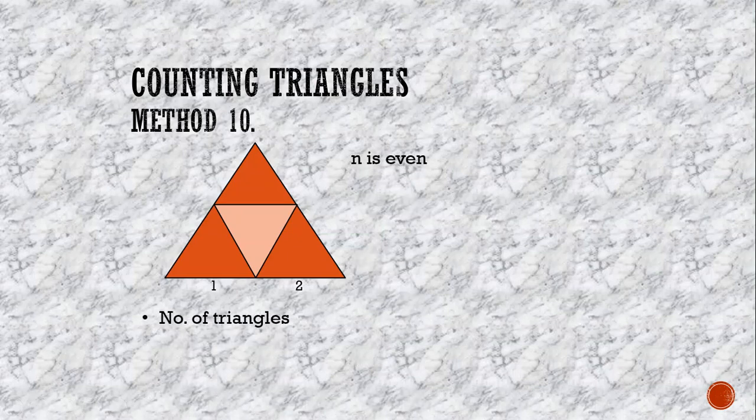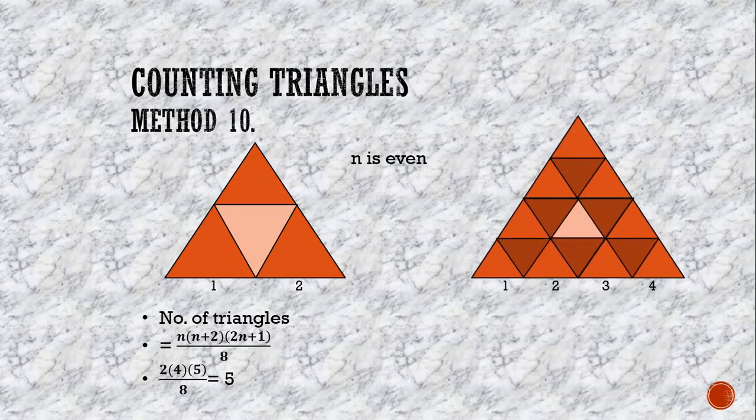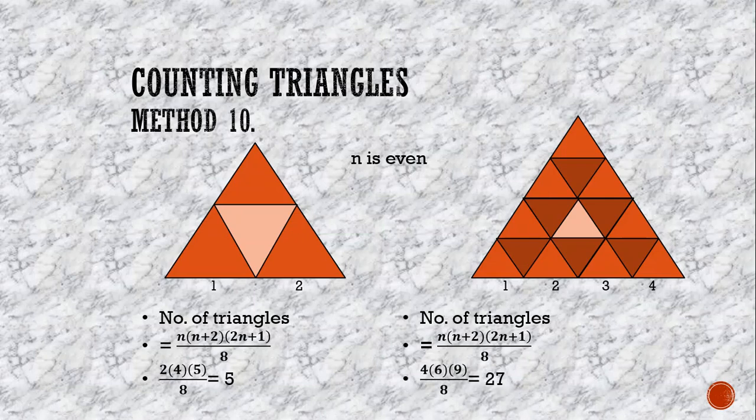So to count the number of triangles we have this formula: n into n plus 2 into 2n plus 1 over 8. Now we put n in this formula and we calculate the total number of triangles in this triangle. Here's a larger triangle. In this triangle n is equal to 4, which is an even number. We have this formula, we put n equal to 4, we solve it, and then we get 27, which is the total number of triangles in this triangle.